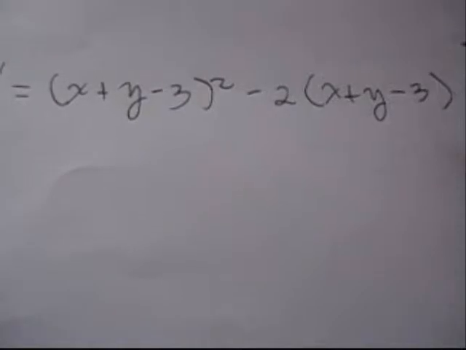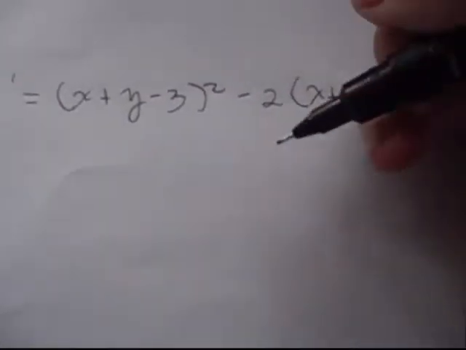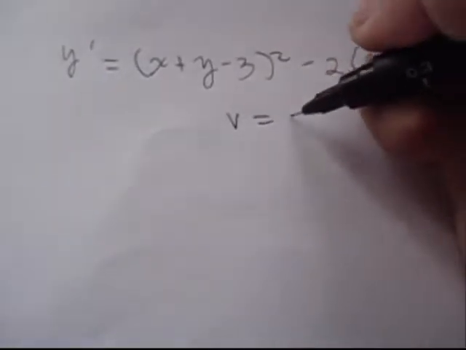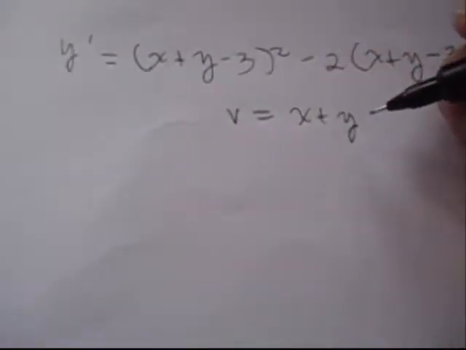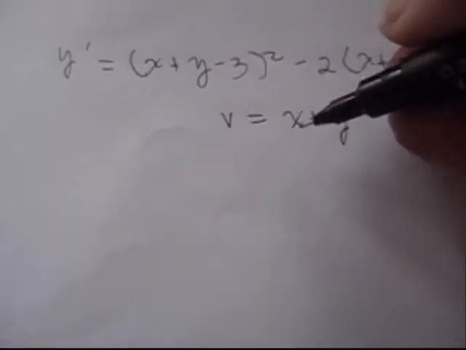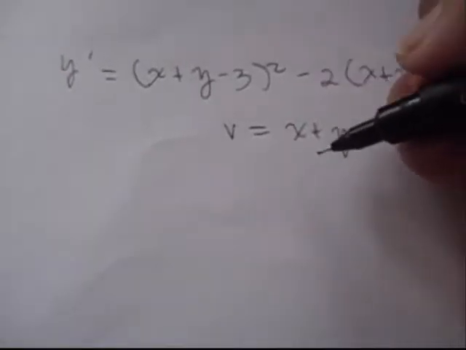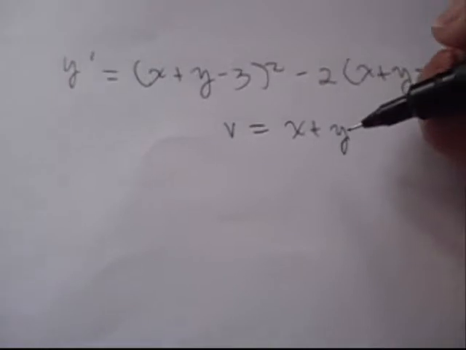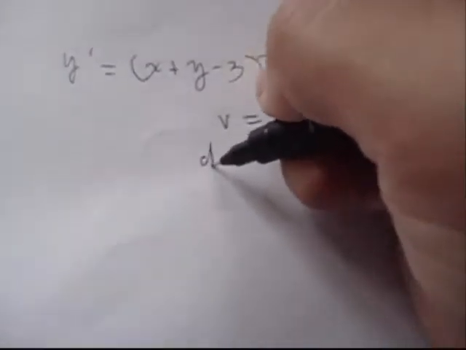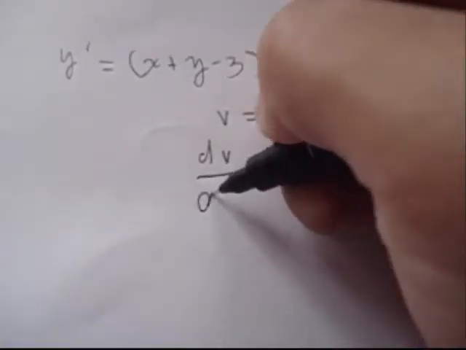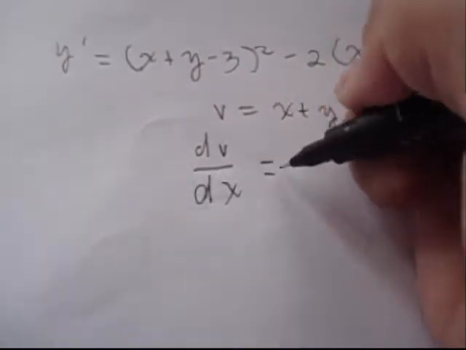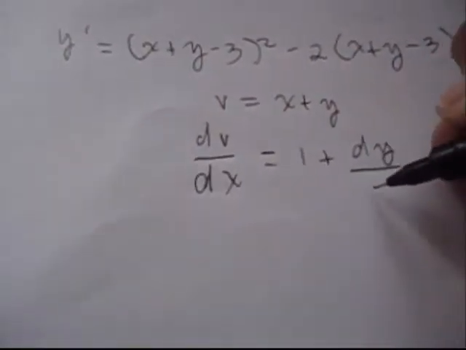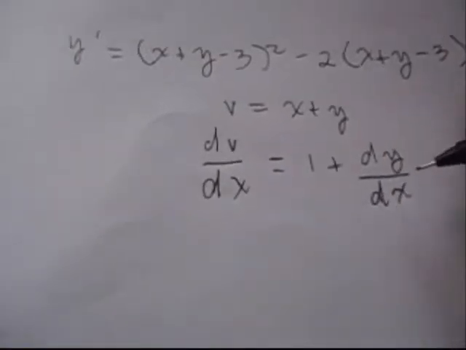In this case, we need a substitution, so we will let v equal x plus y. Then from this substitution, we can get the value of dy over dx by taking the derivative of both sides. So we have dv over dx is equal to 1 plus dy over dx.